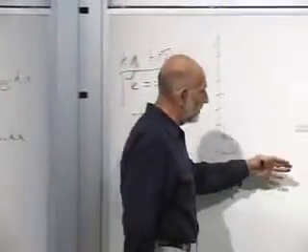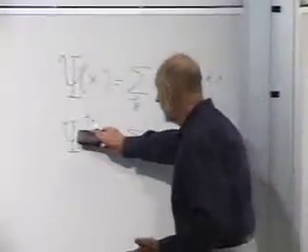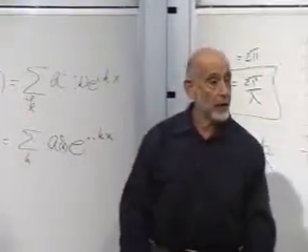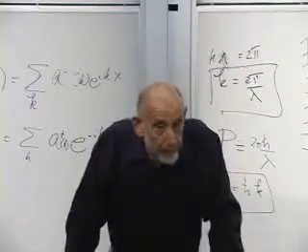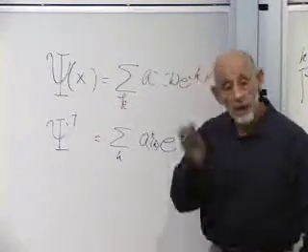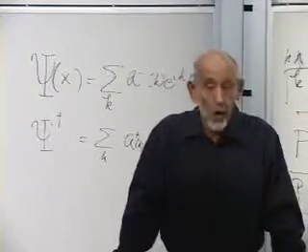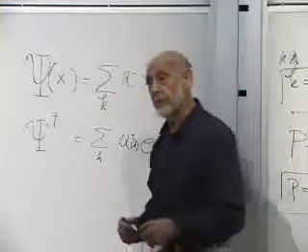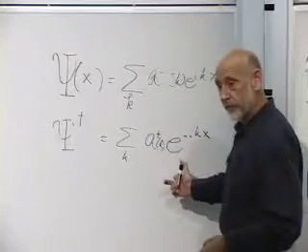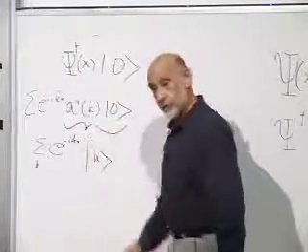The a plus of k and a minus of k, which are to be interpreted as the Fourier decomposition of psi of x, are creation and annihilation operators for particles with definite momentum. Psi of x and psi dagger of x are creation and annihilation operators for particles of definite position. So if you wanted to create a particle at position x, you would not do it with a of k, but with psi dagger of x, which you can rewrite in terms of a's of k.